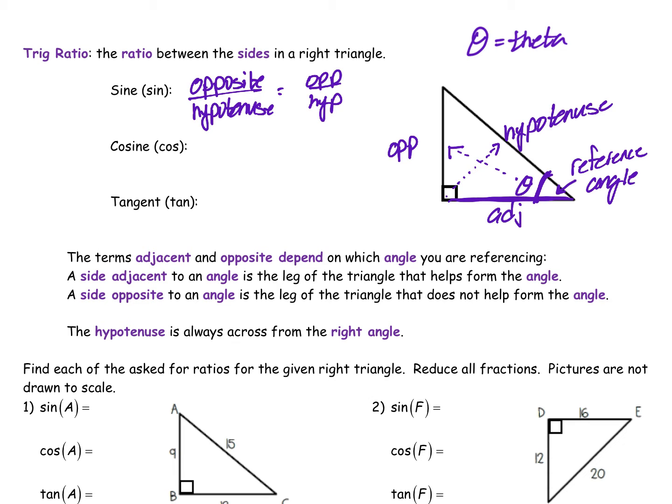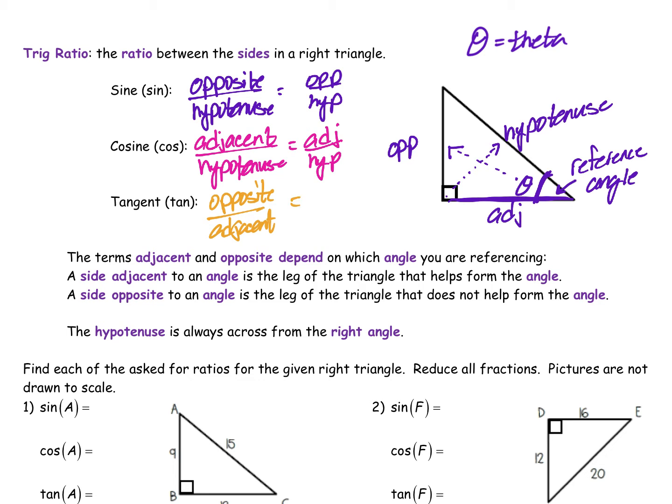And then cosine is, I'm really going to spell this wrong, adjacent over hypotenuse. And then tangent is opposite over adjacent. Okay?